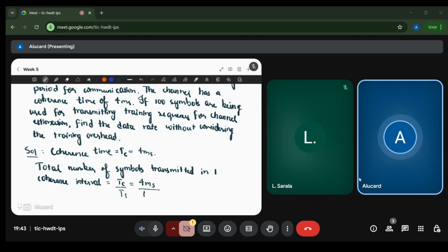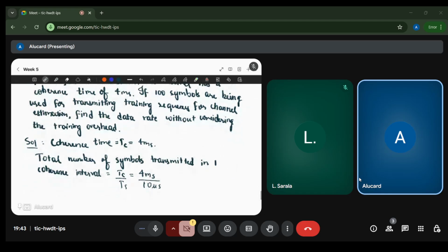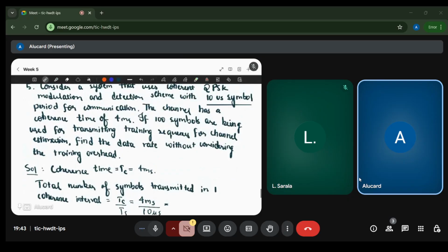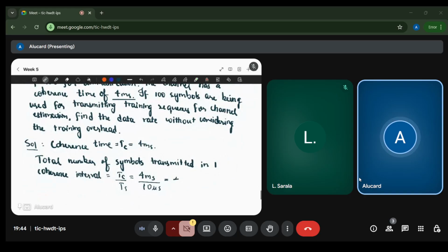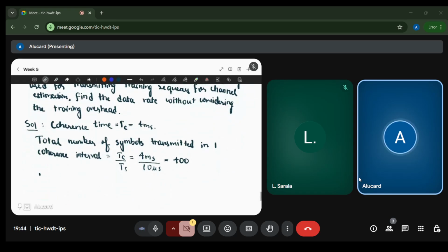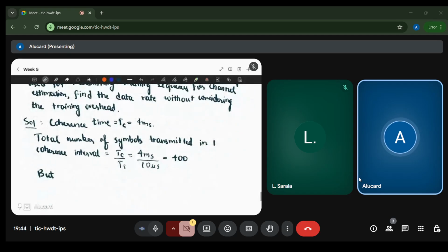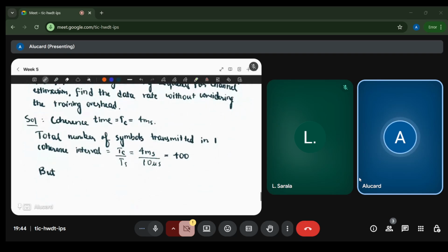It's 4 millisecond by 10 microsecond. So you're sending 400 symbols in the coherence interval, but as you can see, 100 symbols are used for training sequences.